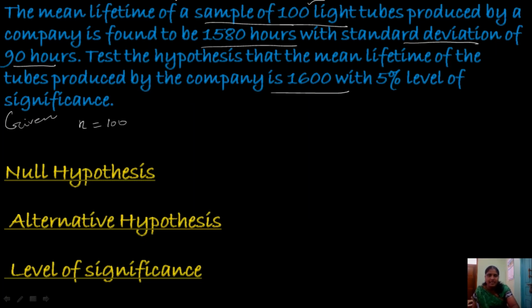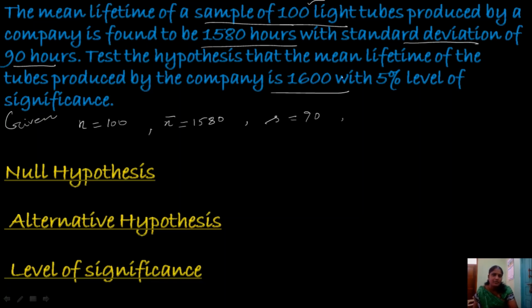So, the mean lifetime of a sample of 100 light tubes produced by a company is found to be 1580 hours. That means the mean life of a sample of 100 bulbs is 1580 hours. That means here the value of x bar is given as 1580. And then next, with the standard deviation of 90, so the sample standard deviation S is given as 90.